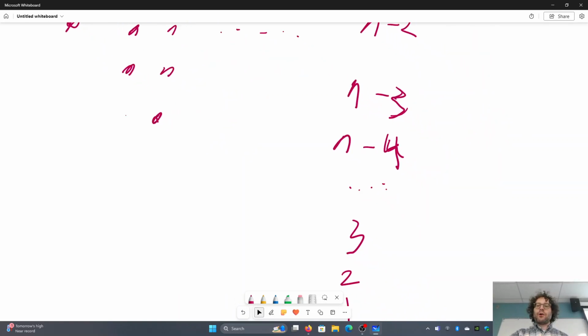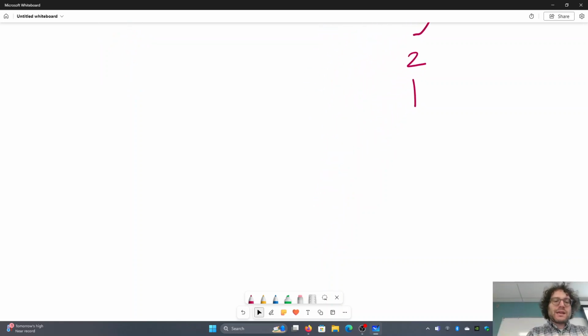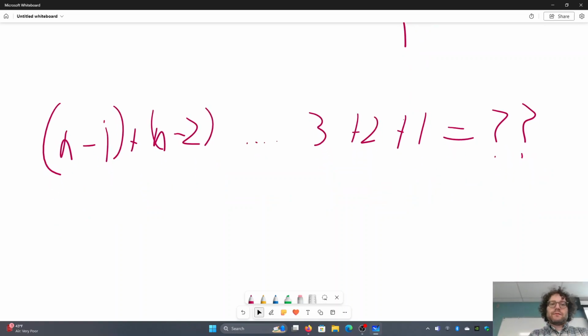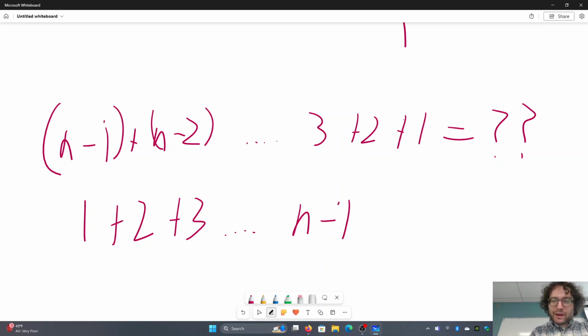And so if we add up all the number of checks, that would be (n minus 1) plus (n minus 2), and so on, to 3 plus 2 plus 1, is equal to something, right? And let's go ahead and flip that around, right? 1 plus 2 plus 3, up to n minus 2 plus n minus 1.